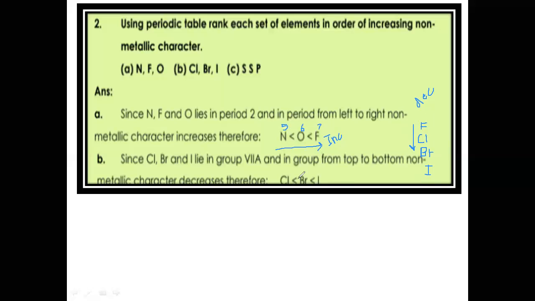So the arrangement is fluorine at one end and iodine at the other. Iodine is the least non-metallic, bromine is more non-metallic than iodine, and chlorine is more non-metallic than bromine. This is their sequence.